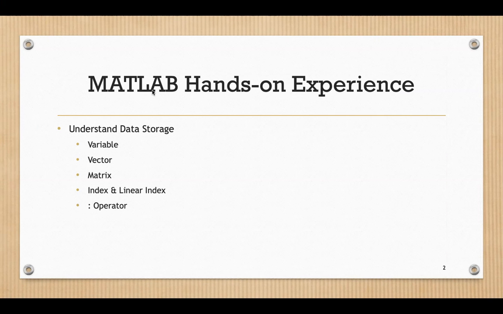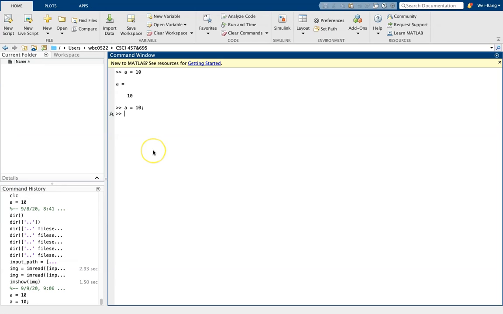The second topic we are going to introduce is how to create a vector. A vector is a collection of values. Assume we want to create a vector v, and assume v is a row vector. A row vector is a couple of values stored in a row.